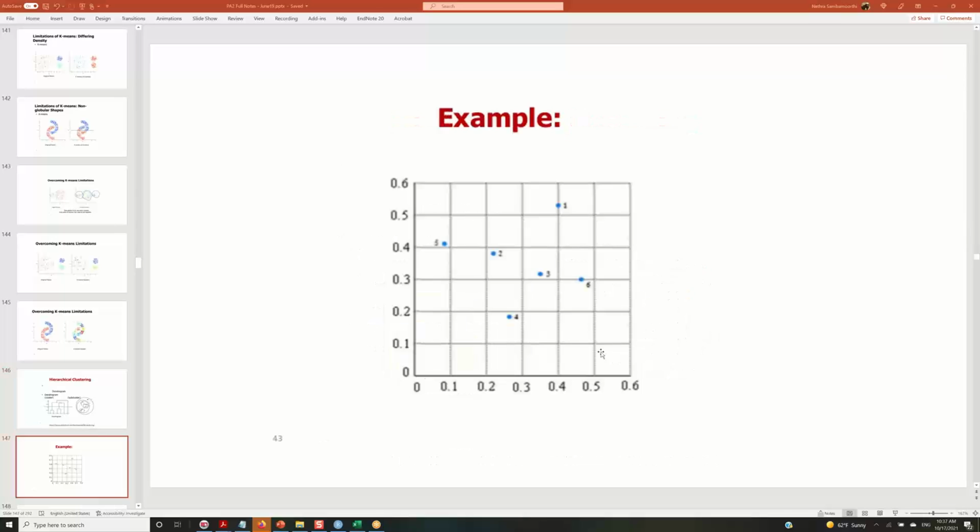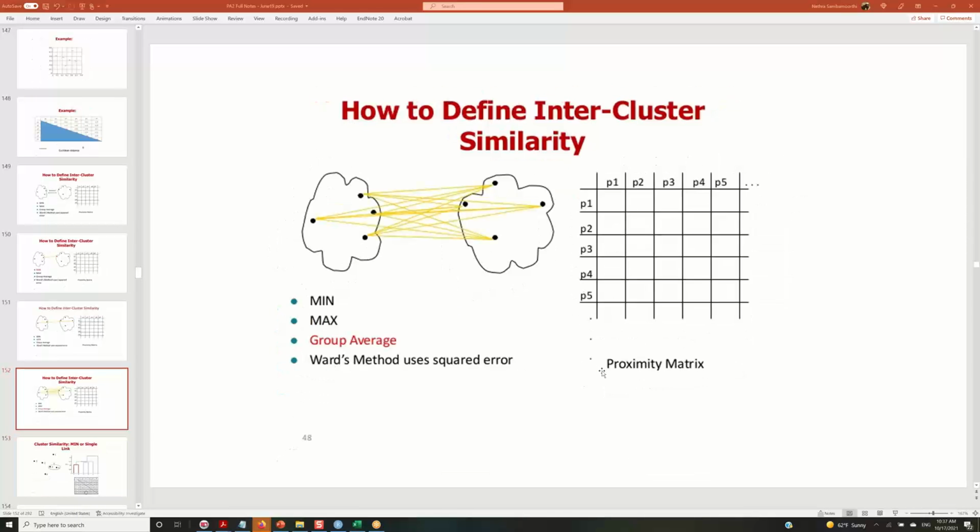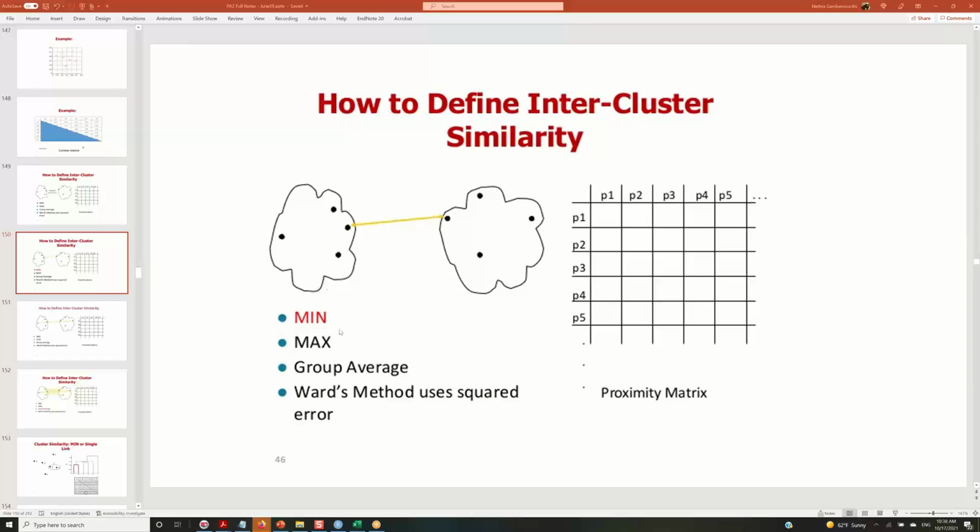And I'm going to talk to you about the mathematics of it. Hold on a second. When we have groups already together, you can calculate the distance between the groups in one of these four ways. Either you can use the minimum of the distances, so that means these 2 points determine the whole clusters coming together.